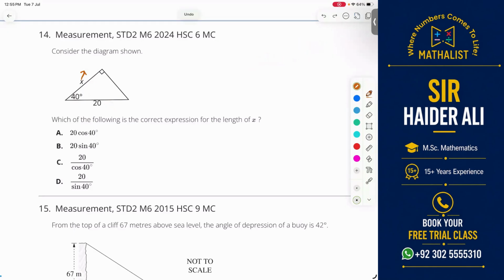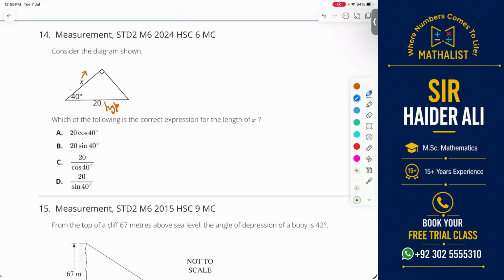So first of all, tell me the name of x. Hypotenuse. Yes, its names are opposite, hypotenuse, adjacent. What is the name of this one? Adjacent. 90 opposite is always the hypotenuse, there is no chance.